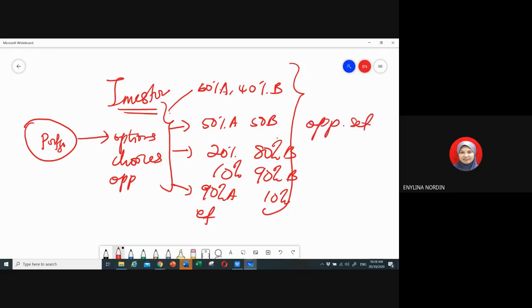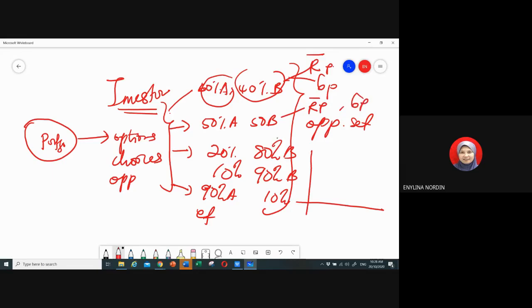So kalau kita draw the diagram, bila kita kira kalau 60-40 tadi, dia punya expected return berapa, standard deviation of portfolio pun berapa, betul tak? Kalau 50-50, kita kena kira lagi expected return dia berapa, standard deviation of portfolio akan berubah lah. Expected return dan standard deviation of portfolio will change.